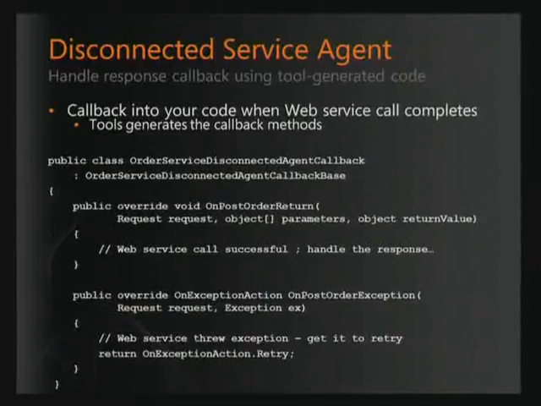So you get two: an on-whatever-method return and an on-whatever-method exception. It will call one of them. Normally on the exception one, it calls that even the first time it fails to send, so it just gives you a chance to intercept the process. But most times you're just going to say, yeah, retry it until the maximum number of retries has expired.